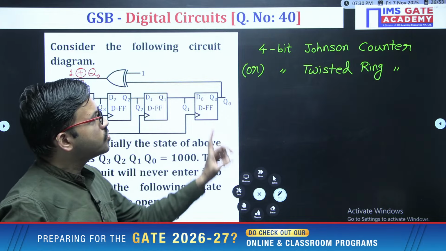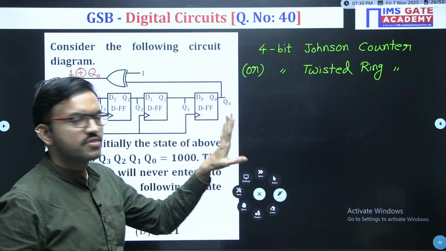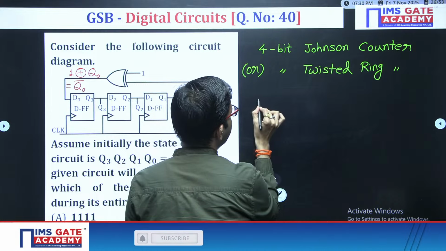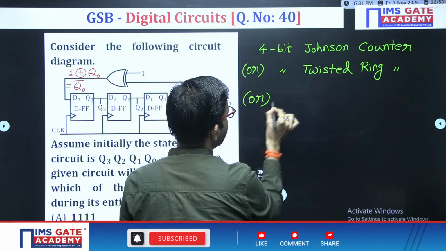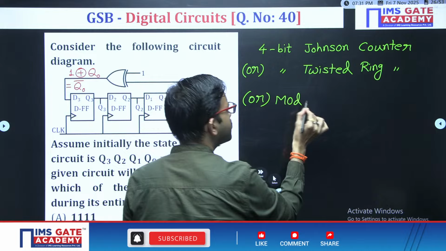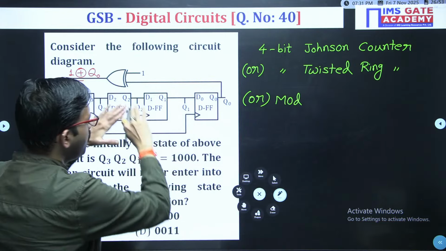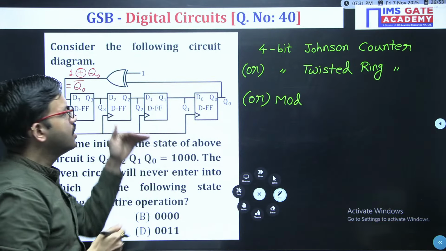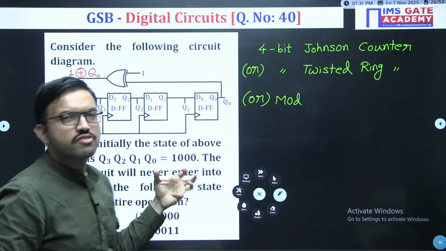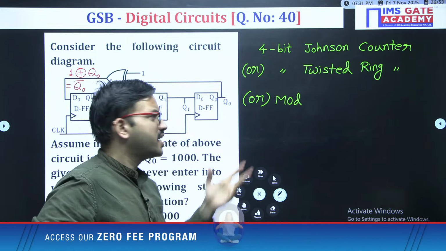So for the ring counter, the mod number you are going to get, or in other words, the mod number means very simple: with the help of the given sequential circuit or counter, what is the maximum number of unique states that you are going to get? That is the mod number.